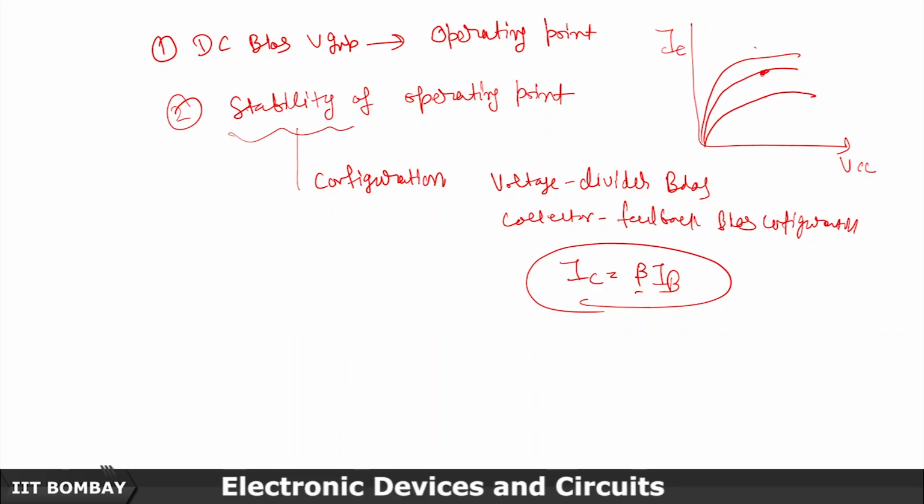Of course these are just a few examples. You can design n number of configurations, n number of circuits, just to control this change if there is a change in beta, so that you can keep IC and VCE in control. Okay, so once you decide this circuit, then an amplifier can be made out of that. So these are the important things before amplification.